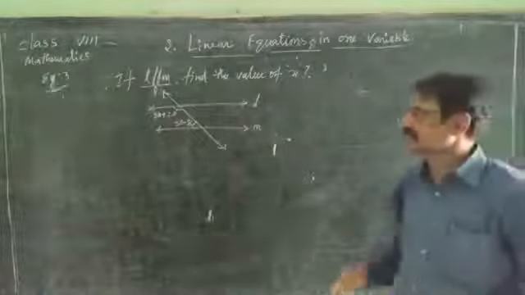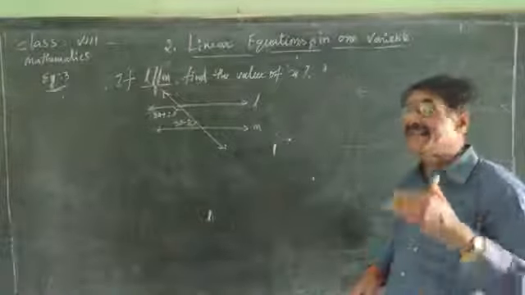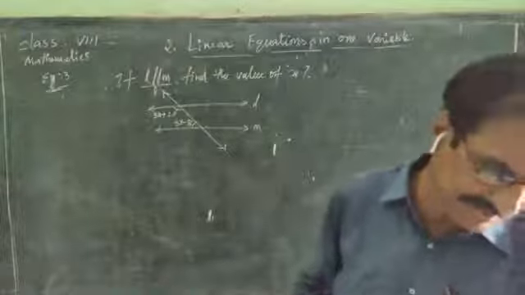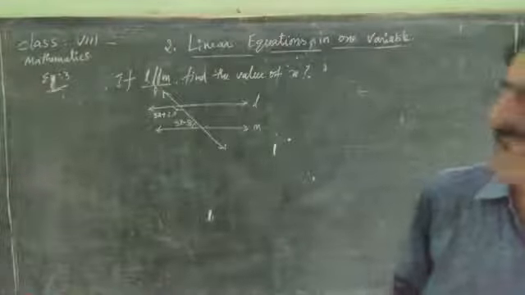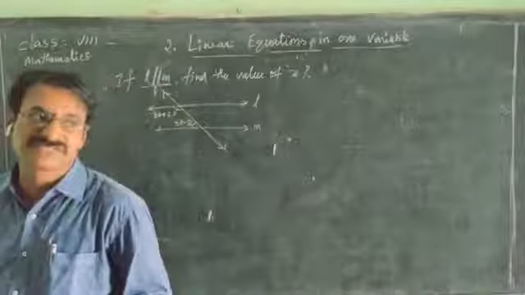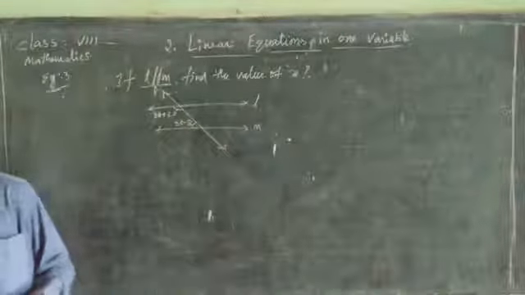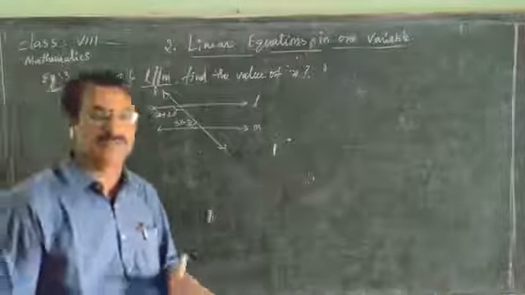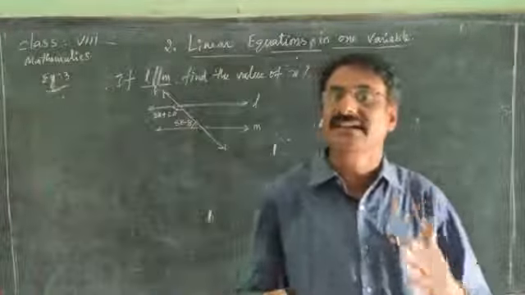What's the name of those two angles? Co-interior angles. Co-interior angles means the interior angles on the same side of the transversal.